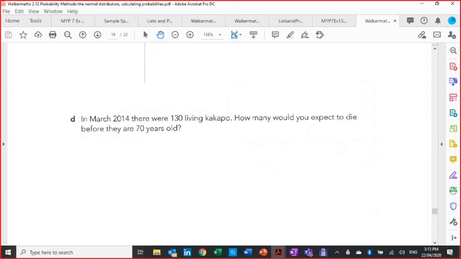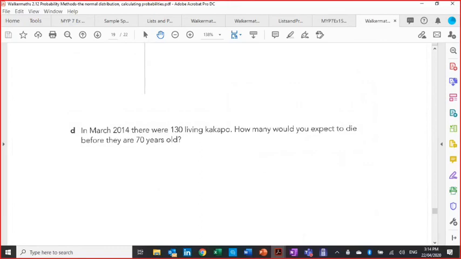Okay? In March 2014, there were 130 living kakapo. How many would you expect to die before they are 70 years old? That's an expected number. So if they're going to die before they're 70 years old, that's an upper limit of 70. First of all, you have to have the percentage. For your lower limit, you want every kakapo that's lower than that.